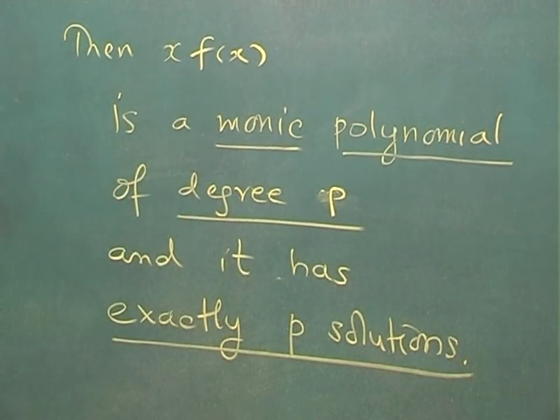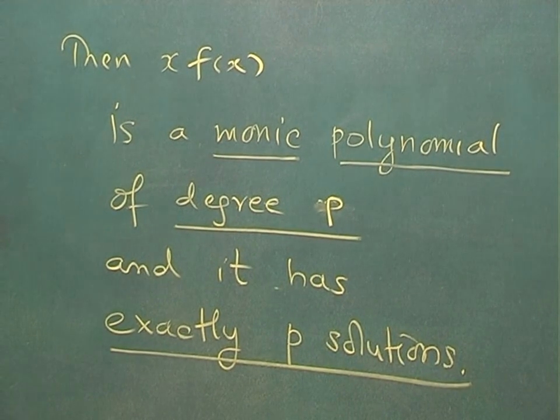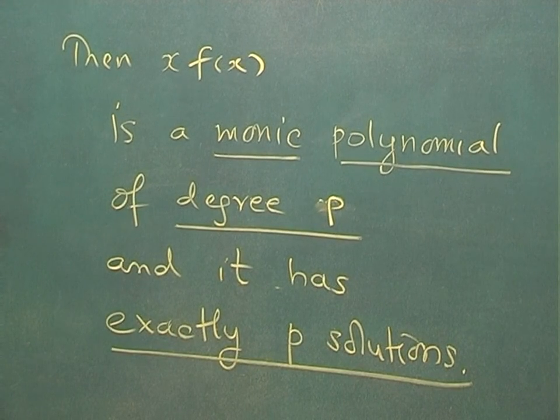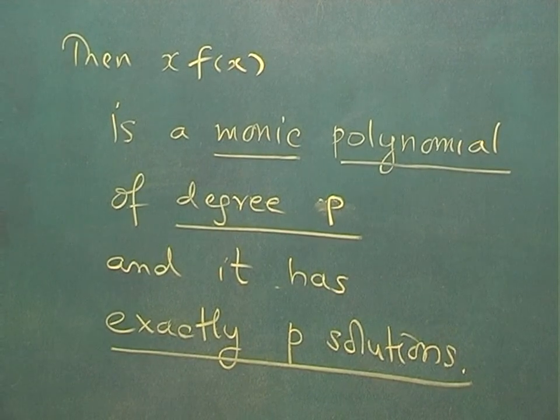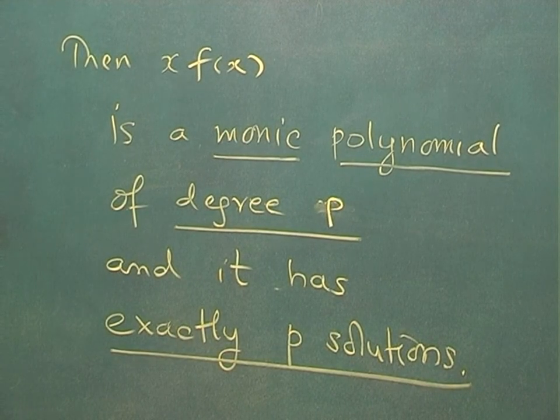Monic polynomial of degree p, and it has exactly p solutions. When does this happen? This happens provided the polynomial f(x) is a factor of x to p minus x modulo p.